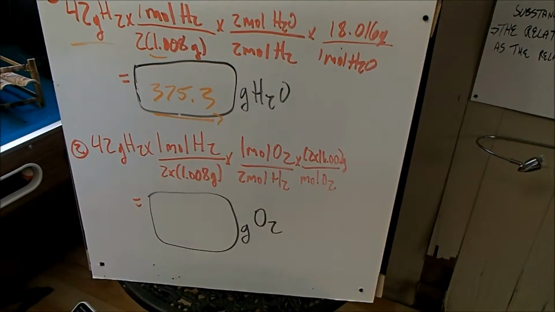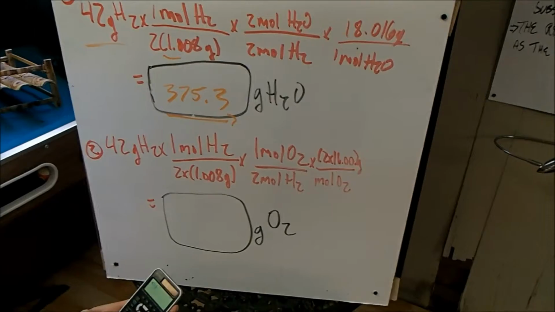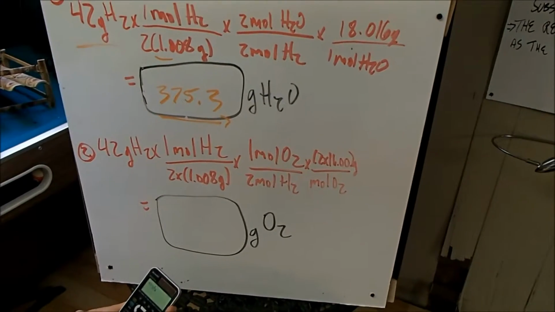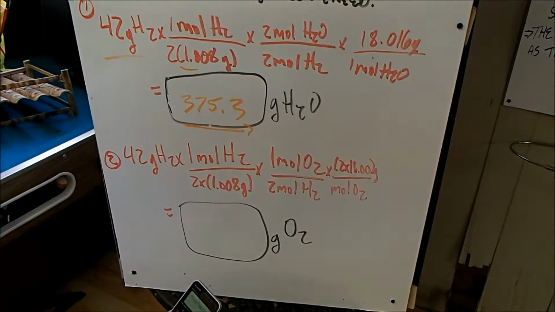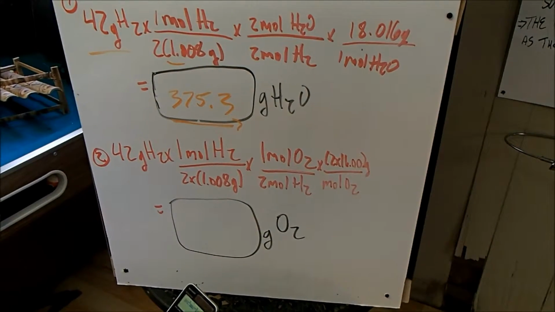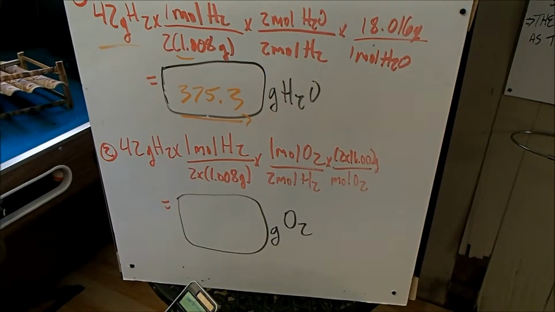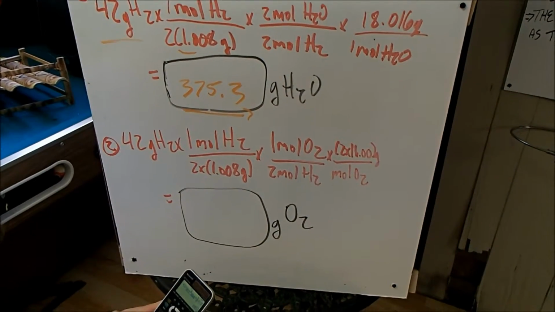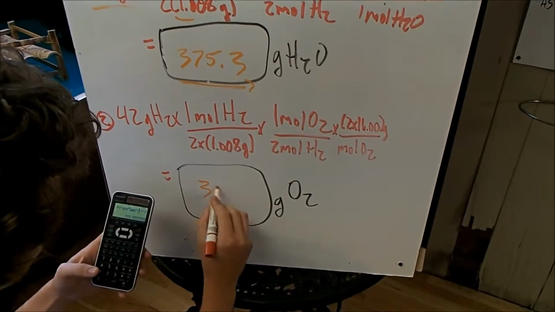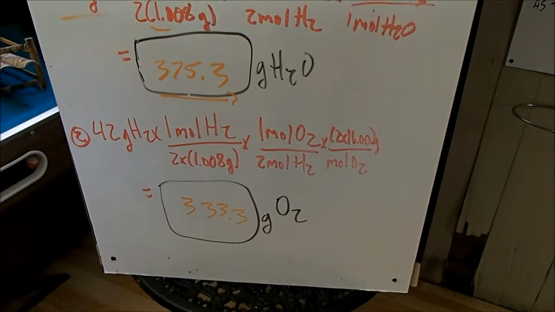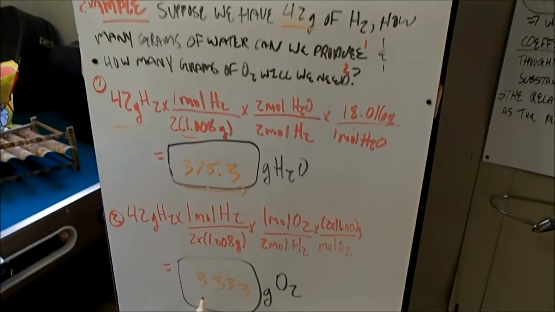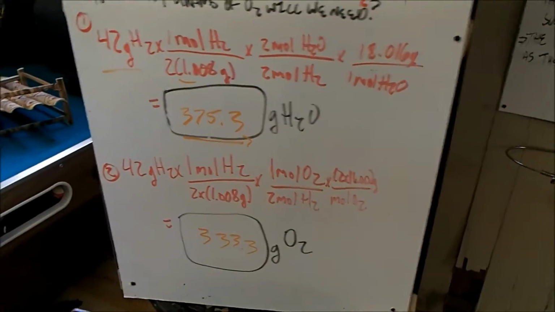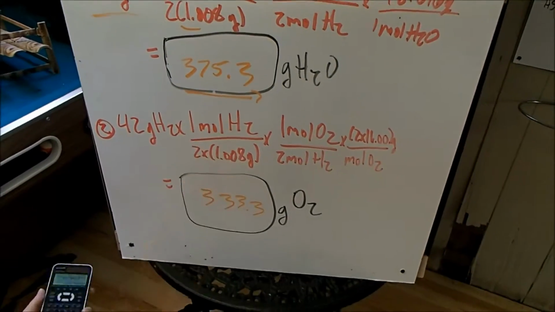So we're just going to use what we're given, 42 grams times 1 over, this yields 333.3 grams of oxygen. So with 42 grams of hydrogen gas, we need 333.3 grams of oxygen gas to react with it to form 375.3 grams of water.